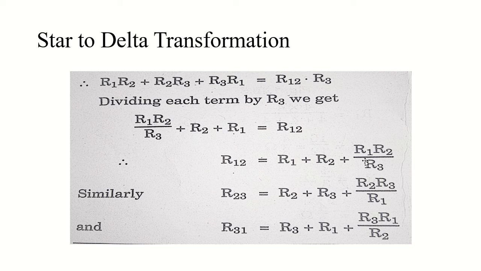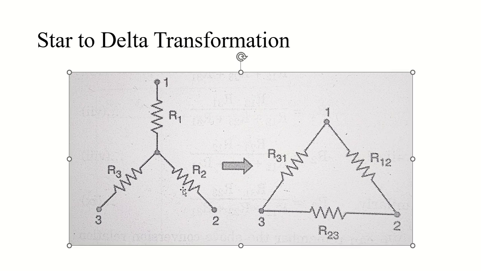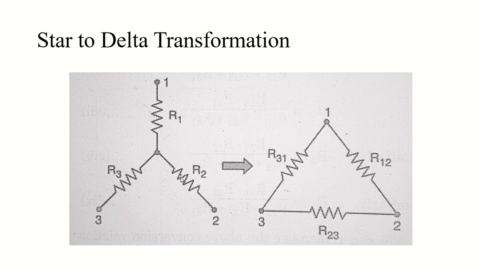R3 is the resistance which is not connecting node 1 and node 2, it is connecting other nodes. In simple words, to find the value of this resistor, we take the simple addition of r1 and r2, and add the multiplication of these two, divided by this r3.